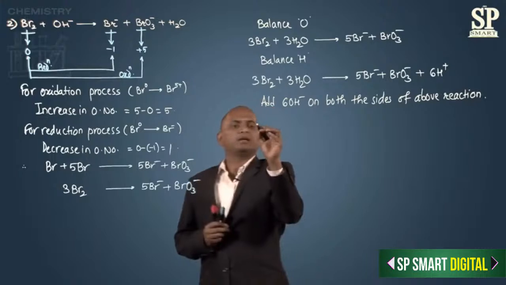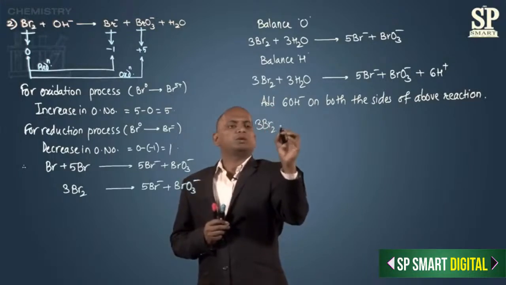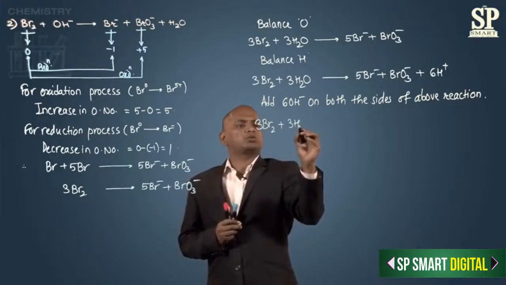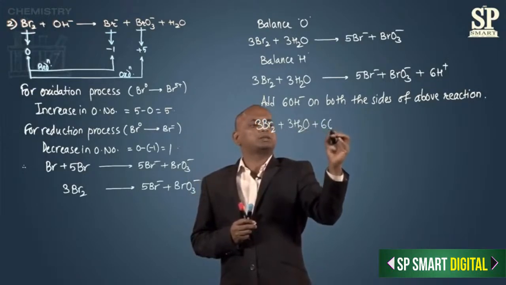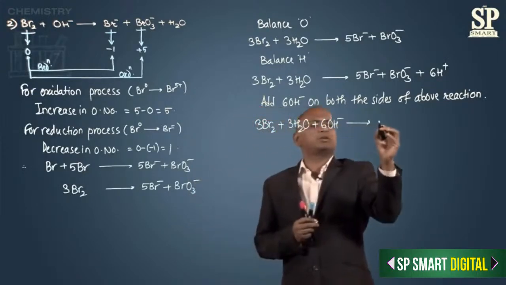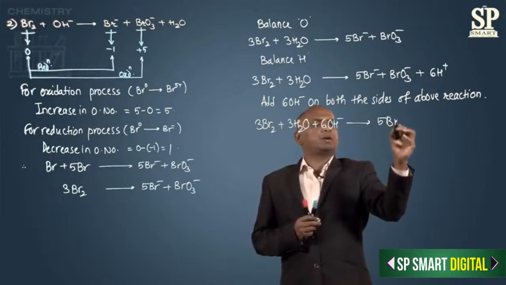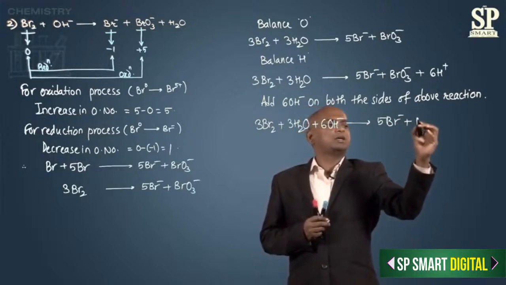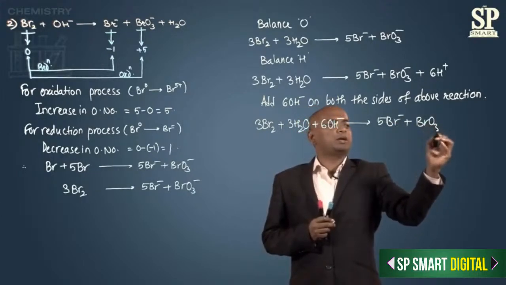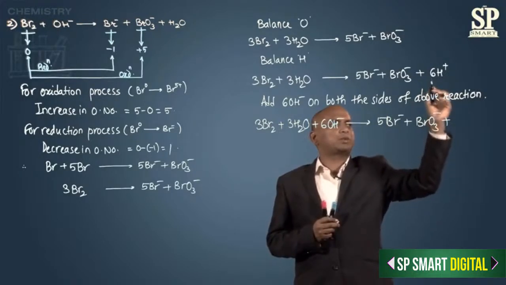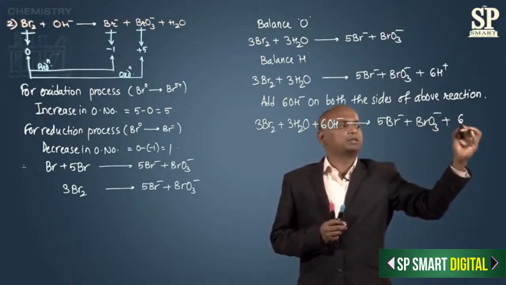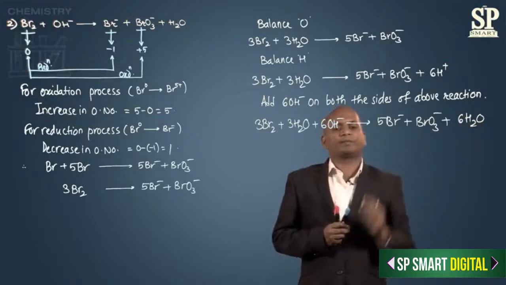So we can say that 3Br2 plus 3H2O plus 6OH minus gives you 5Br minus plus BrO3 minus plus 6H plus 6OH minus, that is 6H2O.